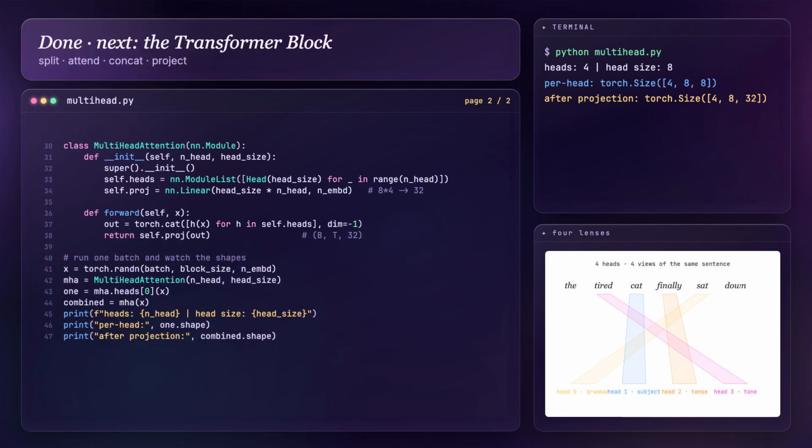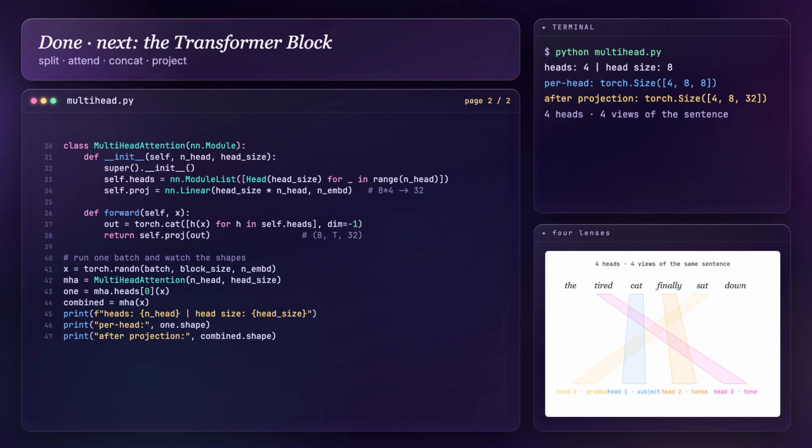And we print the number of heads and head size, the per head output shape 4 by 8 by 8, one head's view, the concatenated shape 4 by 8 by 32, all heads stitched, the shape after projection still 4 by 8 by 32, same size but now blended, and one last human line, 4 heads, 4 views of the same sentence.